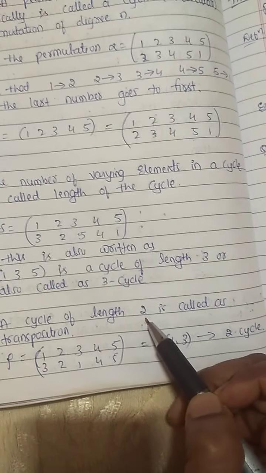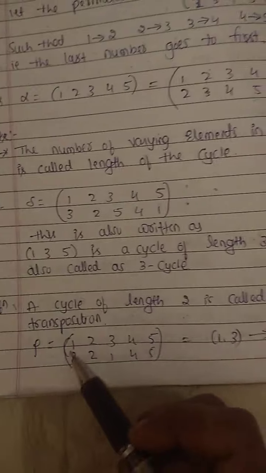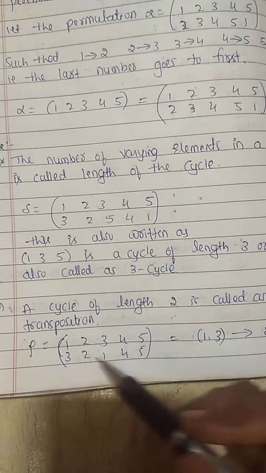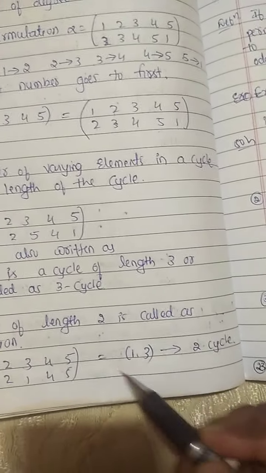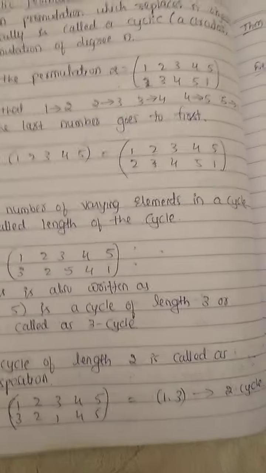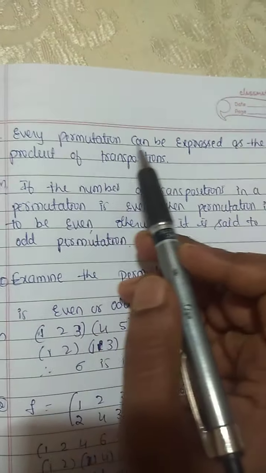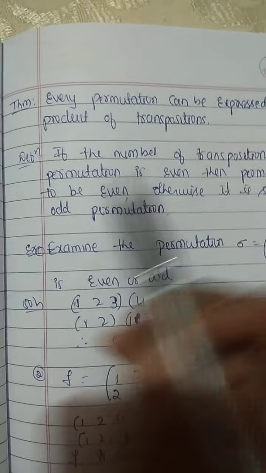Definition: a cycle of length 2 is called a transposition. For example, rho equals 1 goes to 3, 3 goes to 1, 2 constant, 4 constant, 5 constant, there is no variation. This is a 2-cycle, or this is also called a transposition. Theorem: every permutation can be expressed as a product of transpositions.